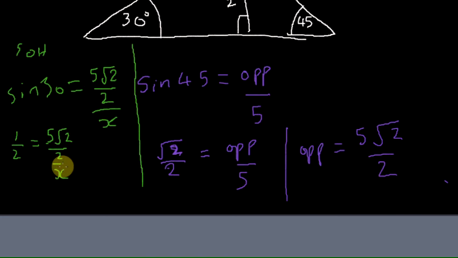So actually, that makes sense to do. So I'm going to do it in a different colour, just so we can see that I'm doing it over here. So you're going to end up with x equals 5 root 2 over 2 divided by a half.